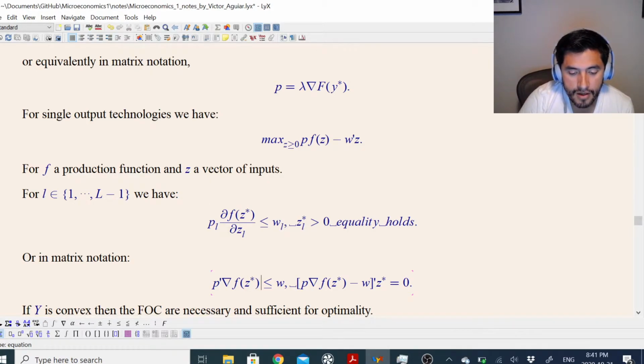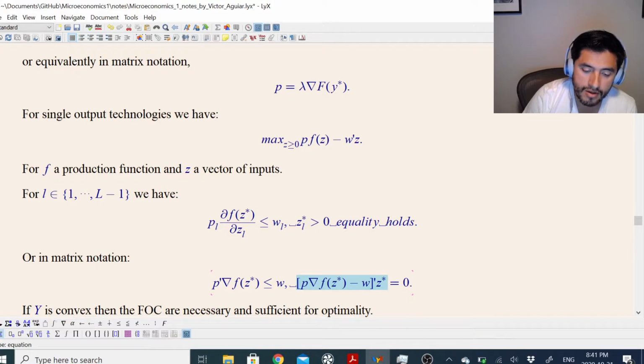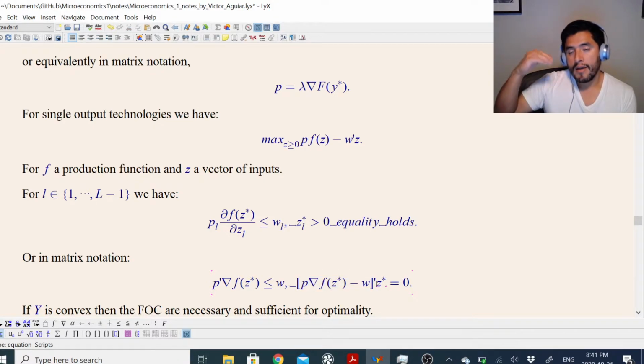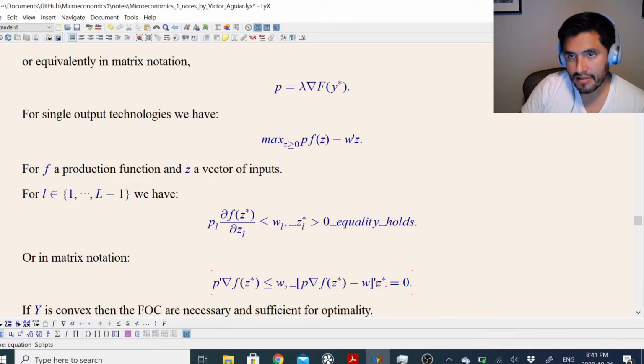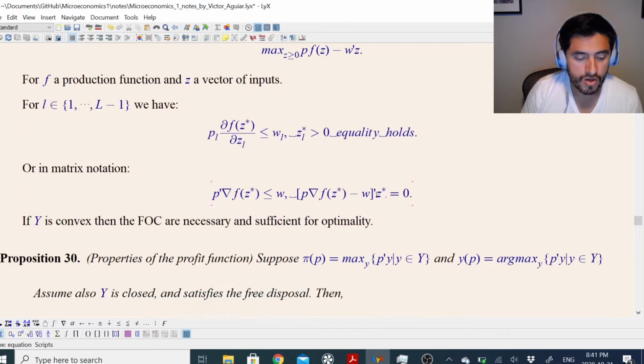Then you also have the slackness conditions, or Karush-Kuhn-Tucker complementary conditions. That means this quantity here, which is the first order condition before, is 0 whenever z is positive. And when z is 0, a corner solution, then you have the inequality in the first order conditions, okay?